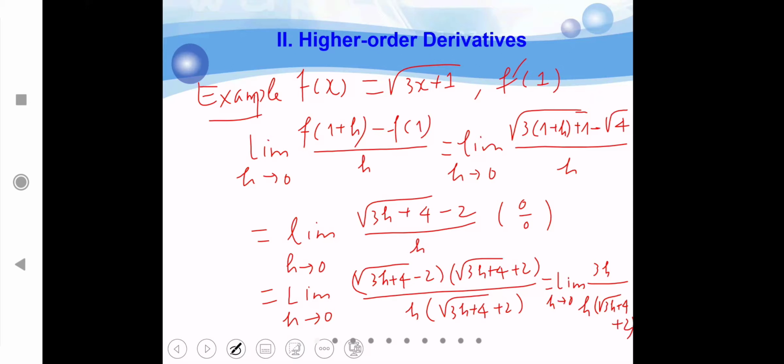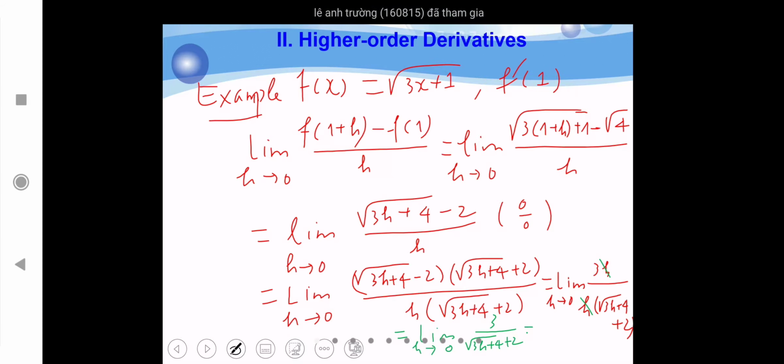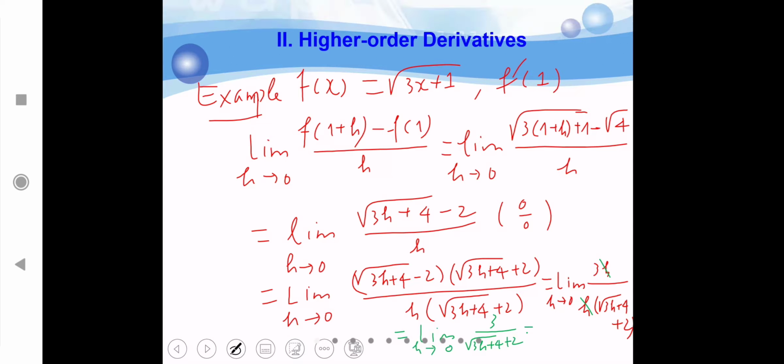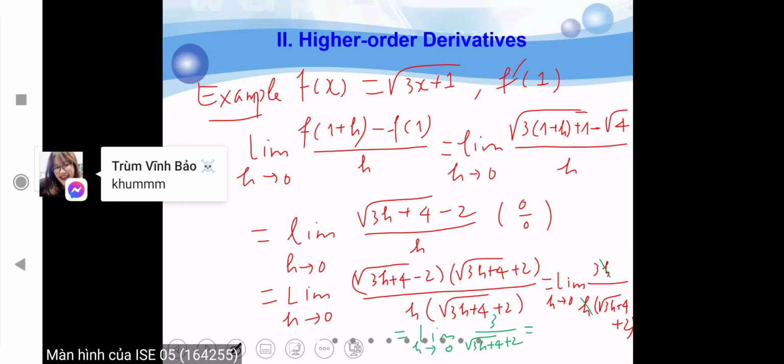So as you know, h tends to 0. That means the value of h approaches number 0, but it is not equal to 0. We can cancel h, and the limit equals 3 over 4.